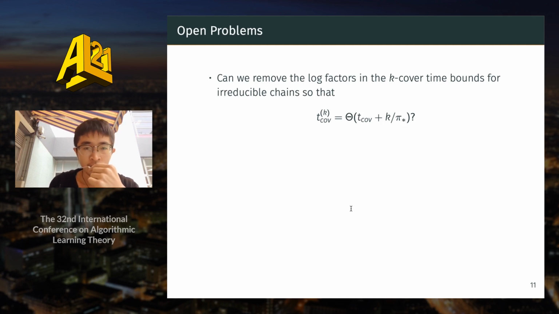And after all, we still have some interesting problems that we just cannot solve for now. For example, can we remove the log factors in the kcover time upper bound for irreducible chains so that we also have the lower bound tight up to constant factors for irreducible chains?